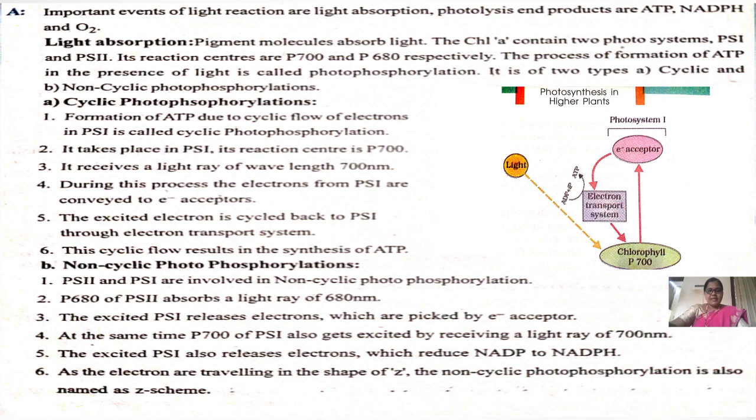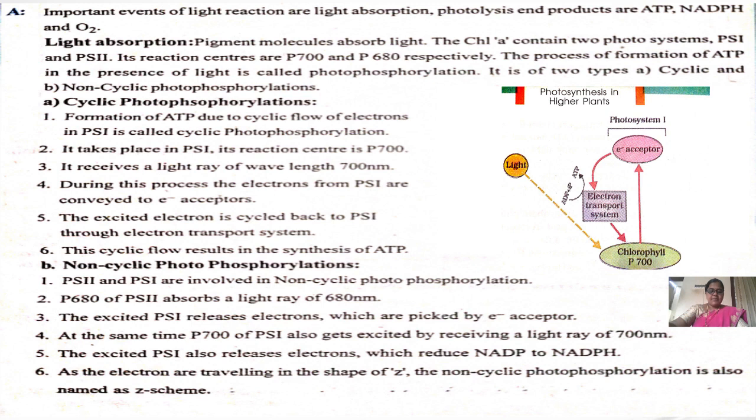And at the same time this P700 of photosystem 1 also gets excited by receiving the light ray of 700 nanometers. During this process, photosystem 1 releases the electrons, which reduce NADP to NADPH.